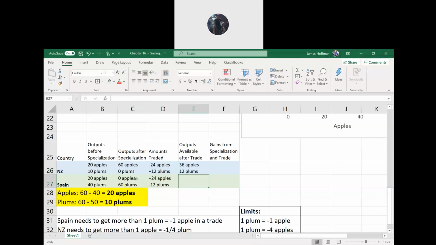Okay, so 60 minus 24 is 36 apples, and 0 plus 12 is 12 plums. All right, let's do the same for Spain. They had 0 apples, they gained 24, so 0 plus 24 is 24 apples. And 60 minus 12 plums is 48 plums.